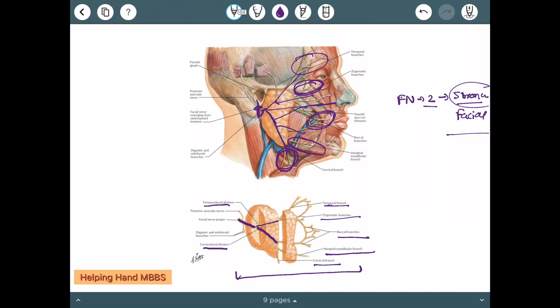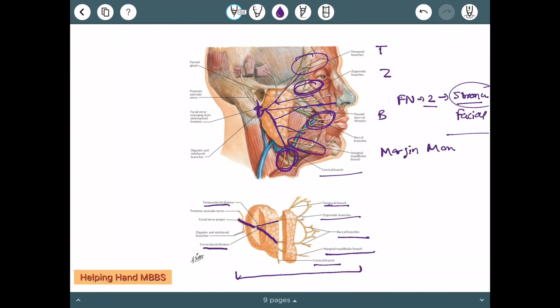It is very easy to remember the 5 branches: if we come from above downward on the face, the regions are temporal, then zygomatic, then buccal, then margin of mandible, and lastly the cervical branch.